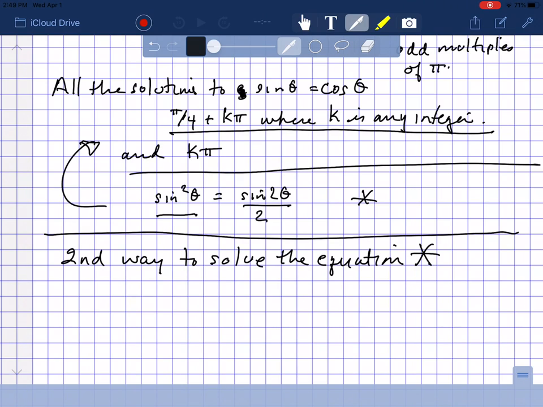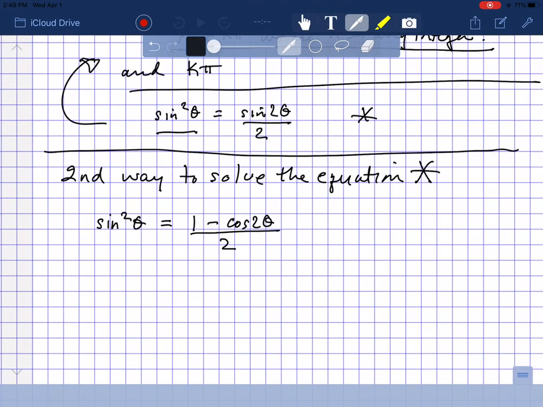Instead of having the sine squared of theta here, I'm going to put in a trig function that has as its argument 2 theta. So what do I know? I know that there's an identity that says the sine squared of theta is equal to 1 minus the cosine of 2 theta divided by 2. Right? So I'm going to use that.